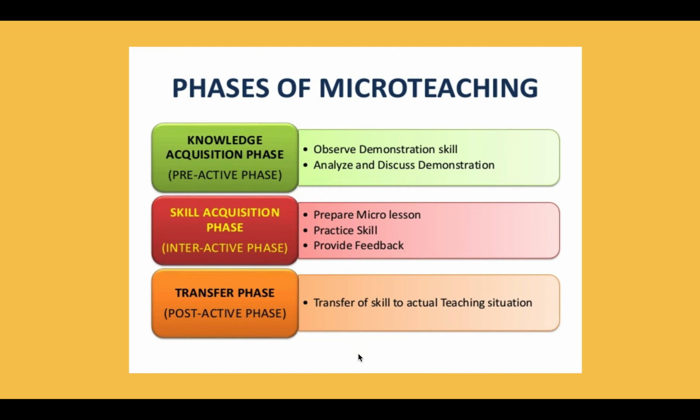They prepare a micro lesson, practice the skill, and get feedback on whatever changes they need to make. The cycle of micro teaching is practiced in this phase, and then we have the transfer of the skill to an actual teaching situation. These are the three phases of micro teaching.